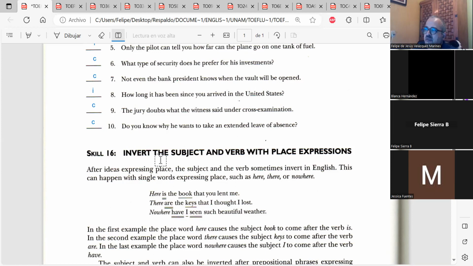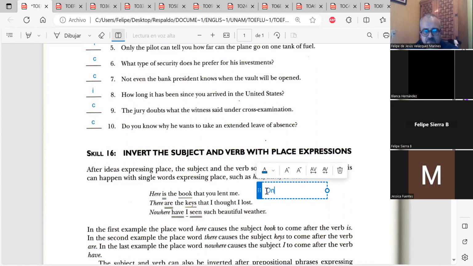But when we don't have an auxiliary verb, like for example, here is the book that you lent me. You can say, I'm going to use a parallel structure. Here is the book that you lent me. So what is here? On the desk. And what is a synonym of is?